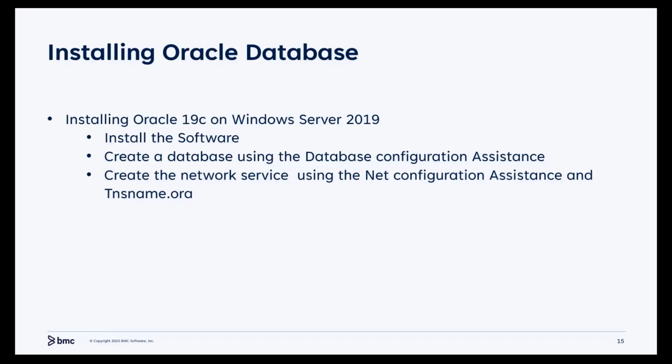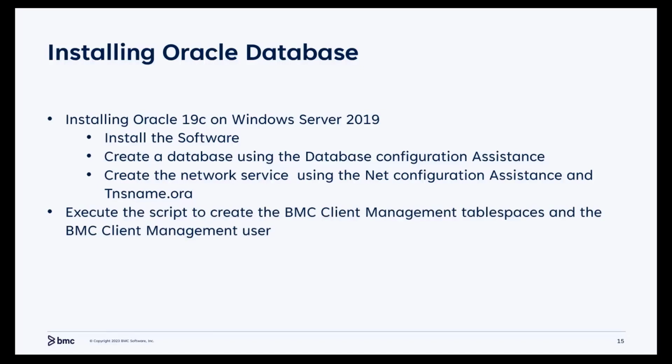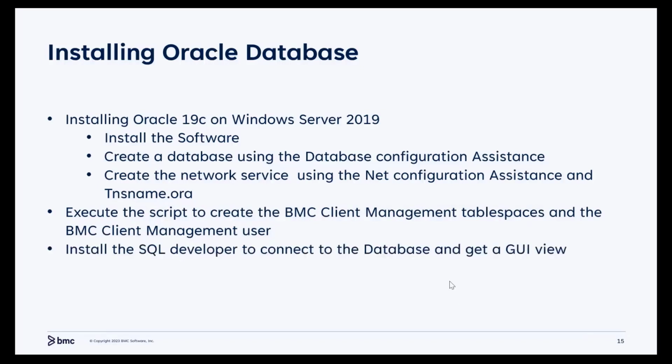And throughout this process, we'll retrieve the details from the tnsnames.ora file that gets generated in the Oracle home directory. Once completed, we will execute the script to create the BMC Client Management table space and the user to connect to it. And finally, we'll install the SQL Developer to connect to the database and obtain a GUI view. So let's get started.